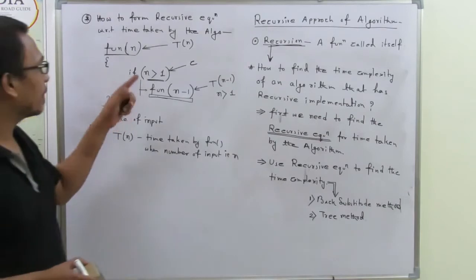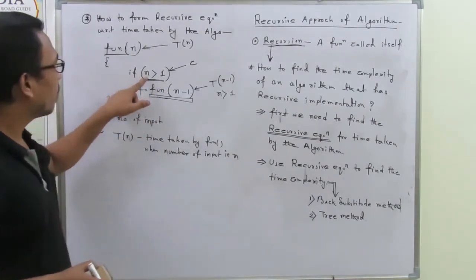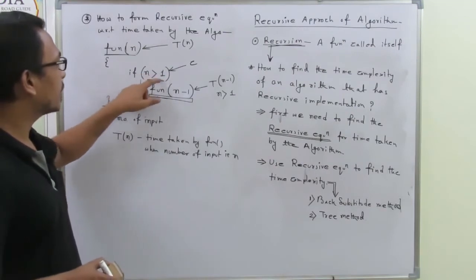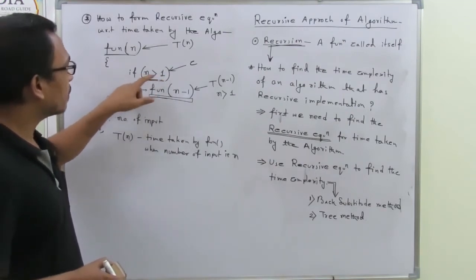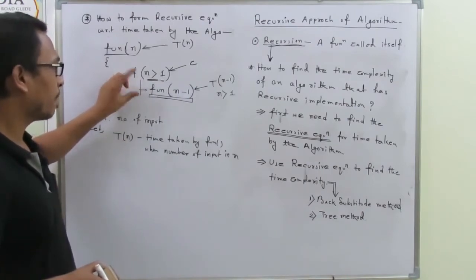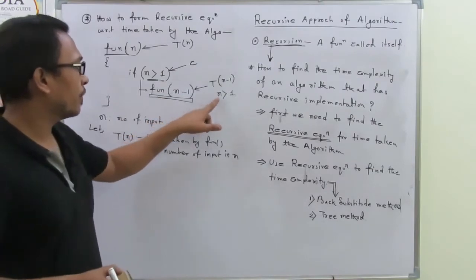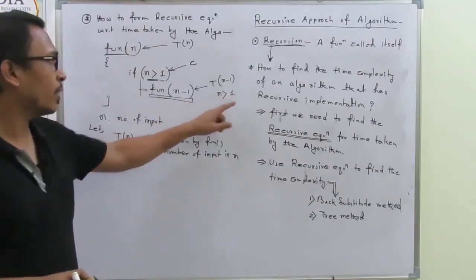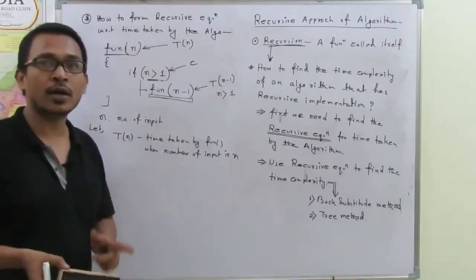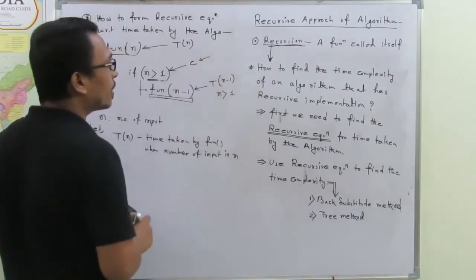Because when n is 1, the condition 1 greater than 1 becomes false, and because of that this instruction will not execute. So this instruction executes only when n is greater than 1, and when n equals 1, only this statement executes.